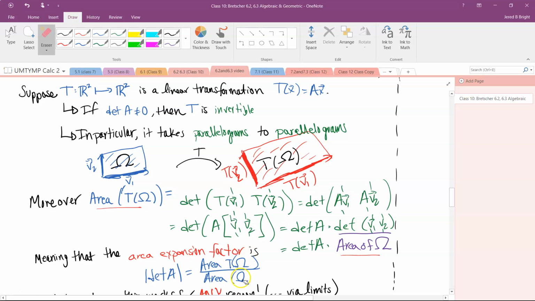So the determinant is telling us how much our area is scaled by after we transform. That's really all it is saying.